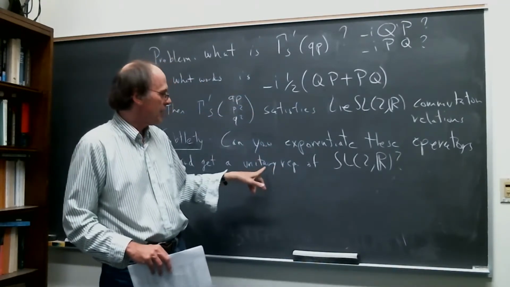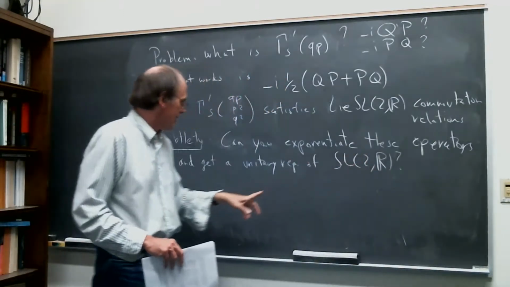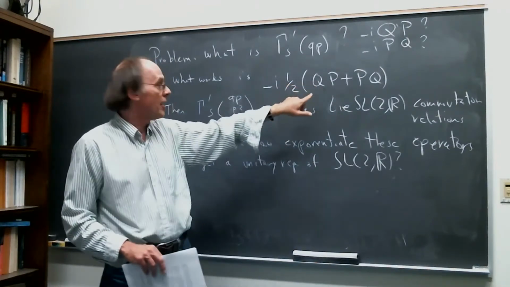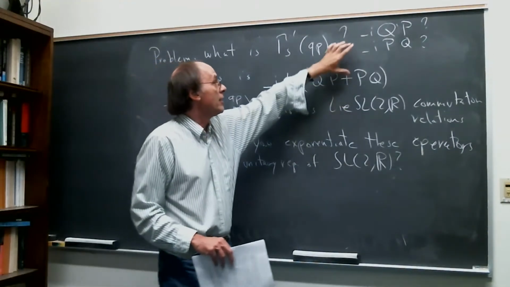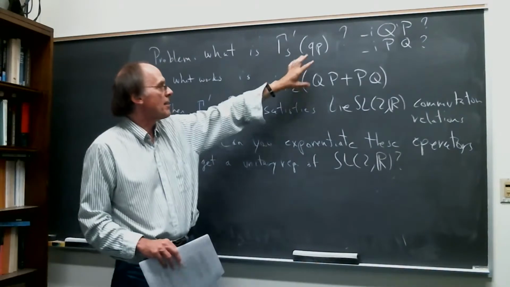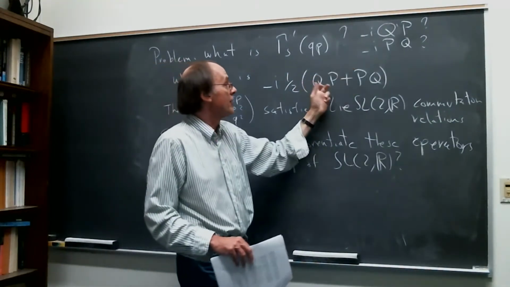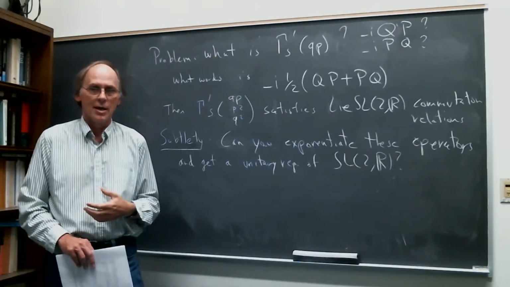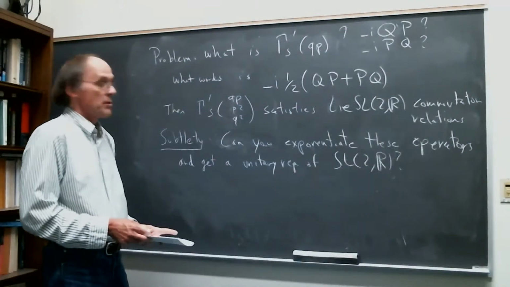The problem here is that these operators are not nice finite dimensional matrices. Depending upon whether you think about your state spaces being functions of p's or functions of q's, there's some combination of differentiation and multiplication operators on an infinite dimensional space, and you have to worry about whether you can exponentiate these.